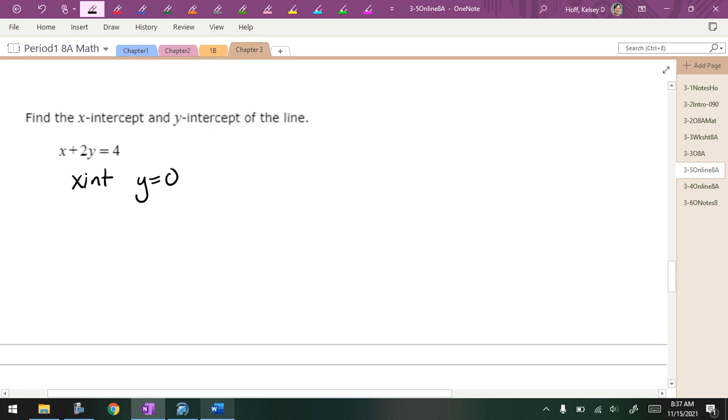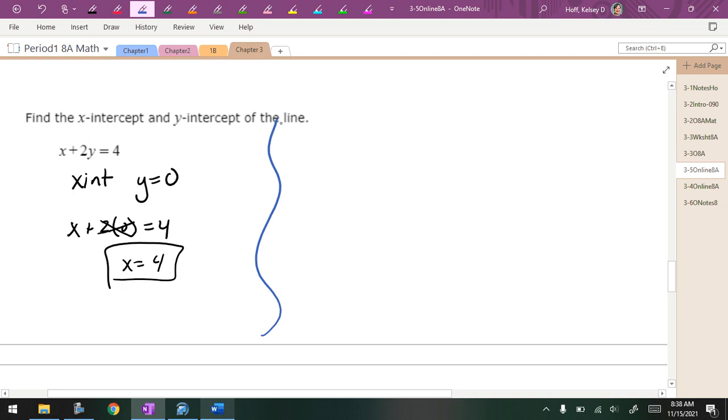So we take our equation and put in 0 for y. X plus 2 times 0 equals 4. Okay, and we talked earlier, 2 times 0 really is 0. So x ends up equaling 4. Well, that one was easy, wasn't it?